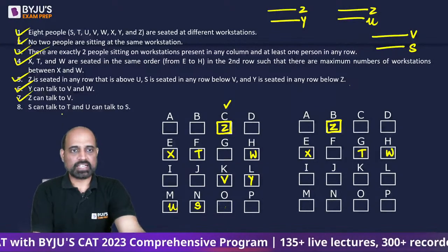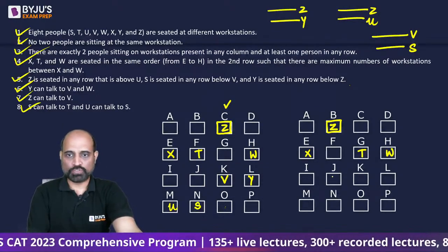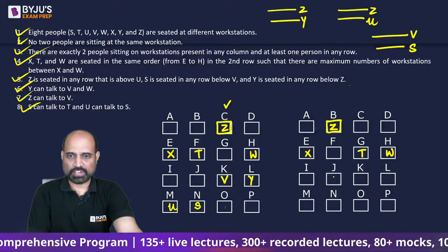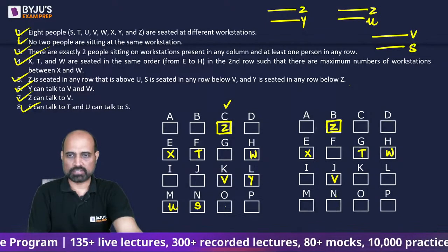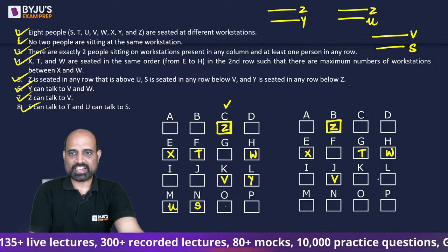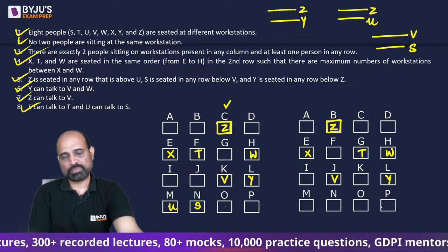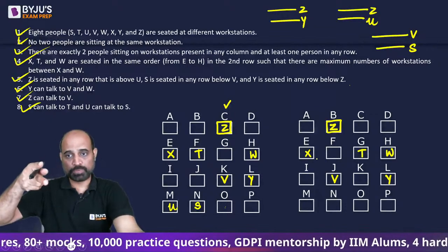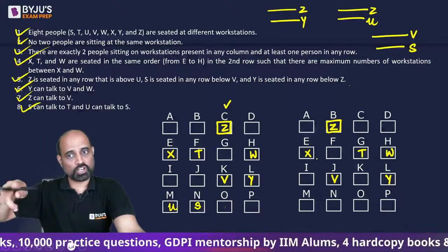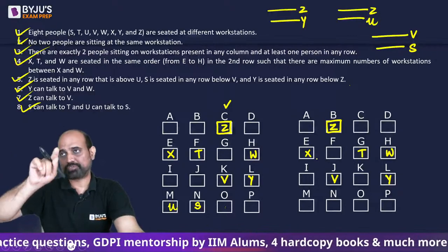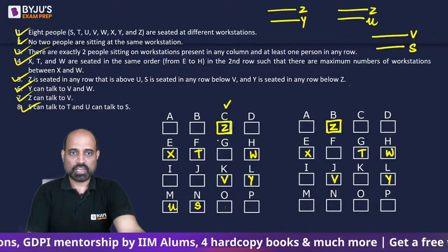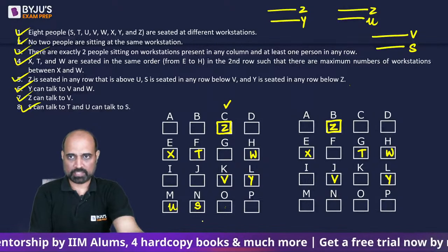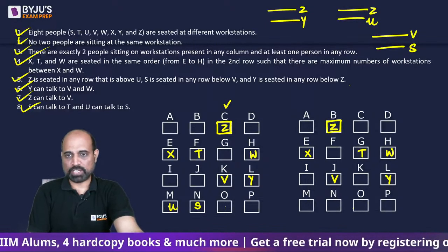Now it is given that Z can talk to V. If Z can talk to V, we can have V in this third. Okay, Y can talk to V and W, so Y will be here. Now, अब क्या हो गया? The second column we have two people. In the last fourth column we have two people. There is one person left in the first and the third column. And we are supposed to put U and S such that S is below V वाला column.